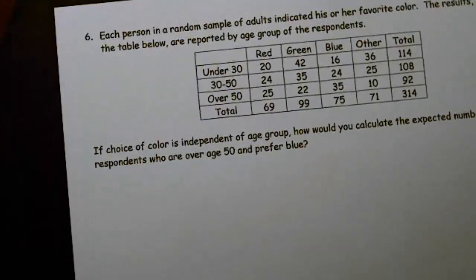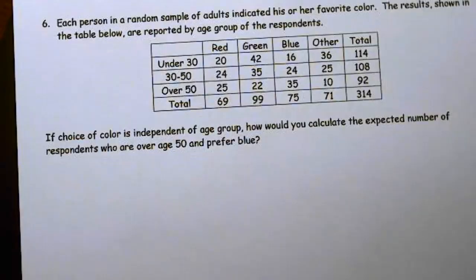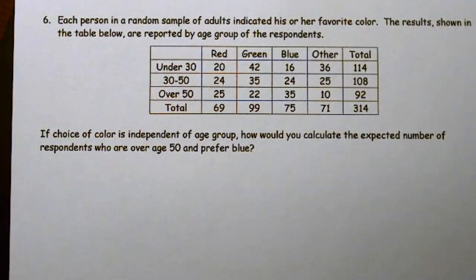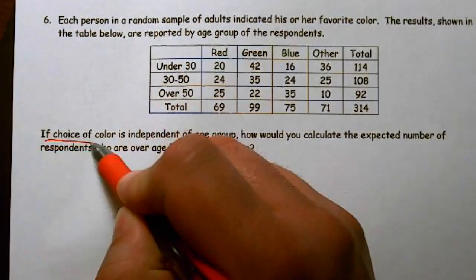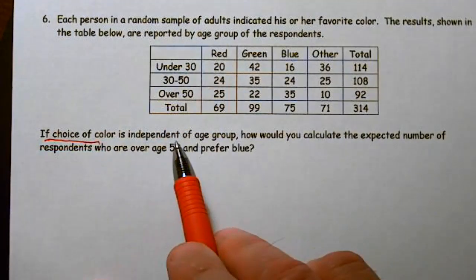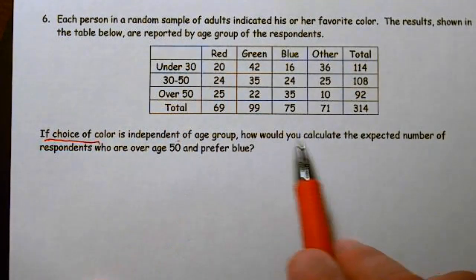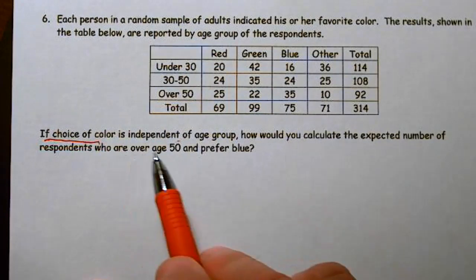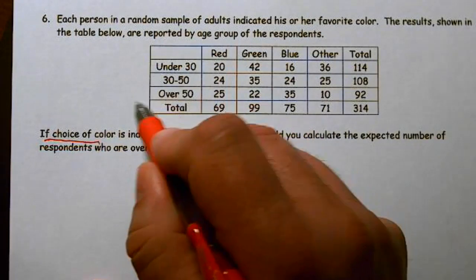All right. Last problem here. Each person in a random sample of adults indicated his or her favorite color. The results shown in the table are reported by age group of the respondents. If choice of color is independent of age group, in other words, pretend, how would you calculate the expected number of respondents who are over the age of 50 and prefer blue?